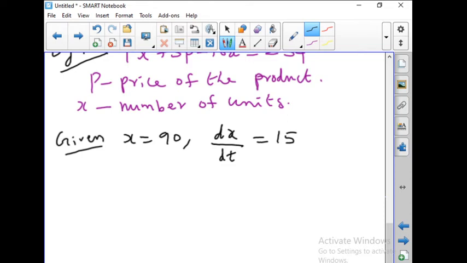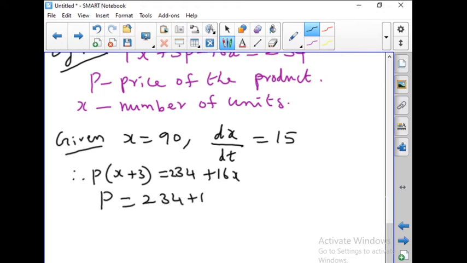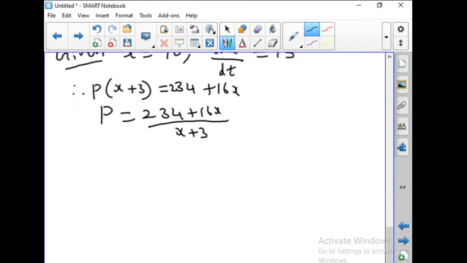Now from the equation, we group the terms. The equation can be written as p, take it out, so we get p times x plus 3 is equal to 234 plus 16x. So p is equal to 234 plus 16x by x plus 3. Now we have to differentiate this to find dp by dt.